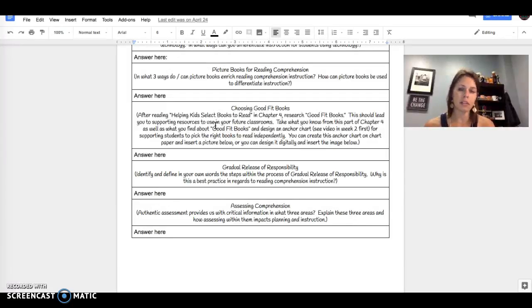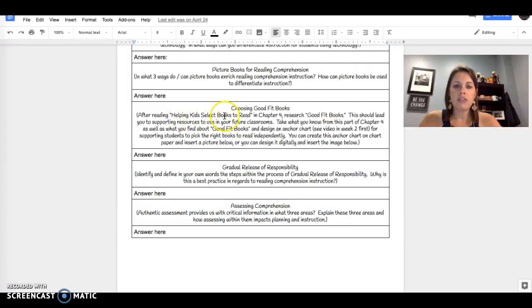There is a list of criteria that students could use to choose a good fit book, or a book that is a good read for them. They're not going to struggle with it immensely and get frustrated, but it's not going to be so easy that it's not something they would really choose to read, or they may choose to read just to get out of learning to read. So we want to make sure that they're getting some good fit books.